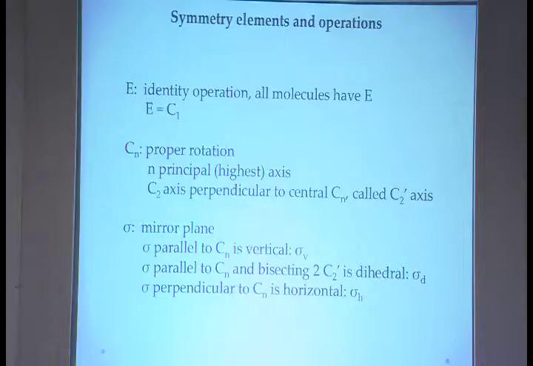Then depending on the n number, 2 or 3 or 4, you are rotating your object by, let's say, 180 degrees or 120 degrees, etc. Mirror plane: in the case of a proper rotation, you can have another axis which is perpendicular to the central Cn as well, and we'll see it in some of the point groups. A mirror plane parallel to Cn is a vertical mirror plane; one parallel to Cn and bisecting the second rotational axis is dihedral; and one perpendicular to Cn is a horizontal mirror plane.